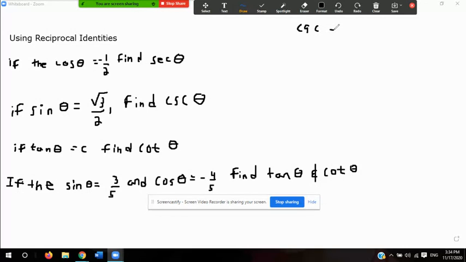And it equals 1 over the sine. And we know that the secant, for example, is 1 over the cosine. I'm trying to write this almost as fast as I talk. I'm sorry. So the secant is the opposite of the cosine, which is 1 over the cosine of c.